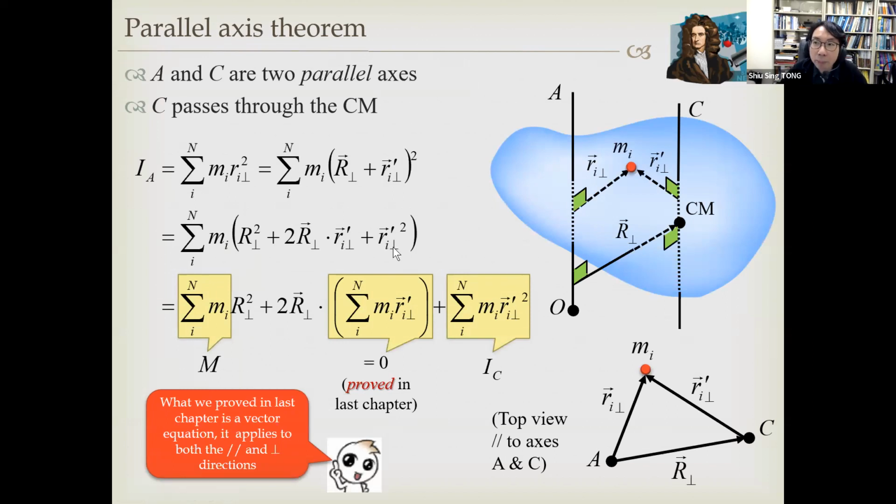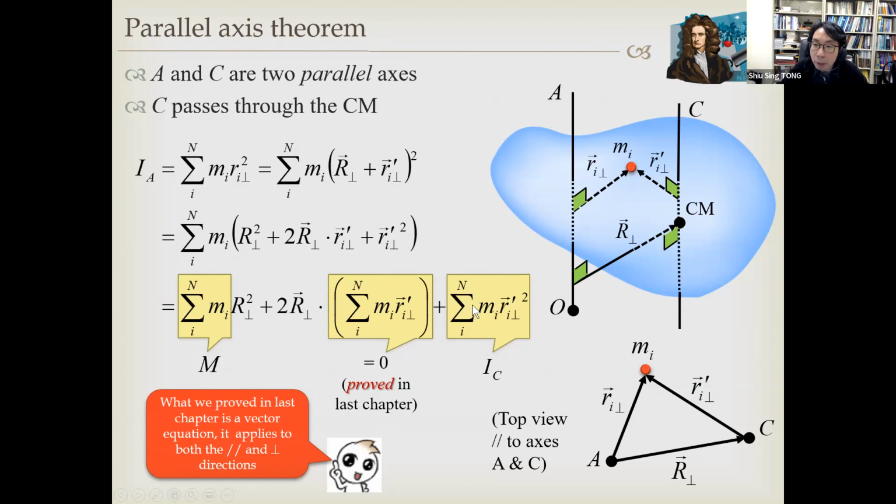Now, before having the break, let us prove an important theorem of the moment of inertia, and that is called the parallel axis theorem. Now, you may be scared by these pages, which look very complicated, right? The proof is actually very complicated, but don't worry, I would not test you on how to prove this in your final exam.